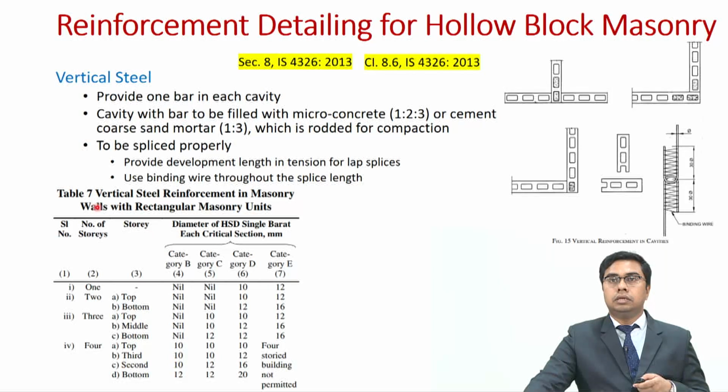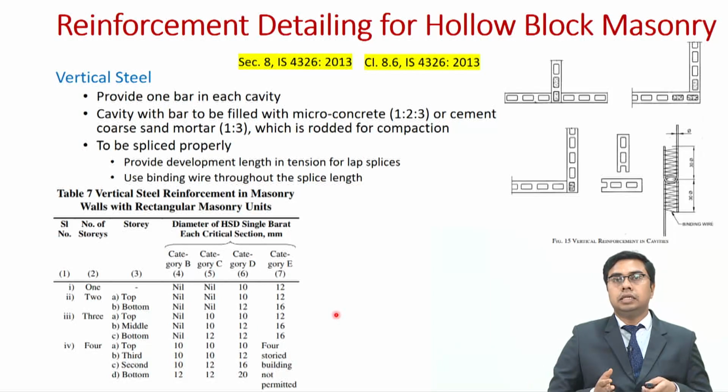Here in table 7 you see the vertical steel reinforcement requirement in masonry walls with rectangular masonry units. So based on number of stories, for each story for the building category we get the diameter of high strength steel bar that can be used or should be used in that case.